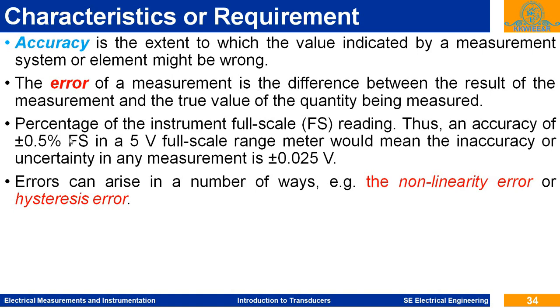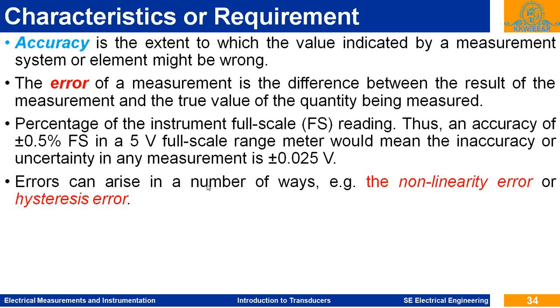So it is given in terms of percentage, and from this plus minus 0.5 percentage, what is the error for 5 volt? Okay, so the inaccuracy or uncertainty in any measurement is plus minus 0.025 volt for this 5 volt full scale. There may be a plus 0.025 volt or minus 0.025 volt.